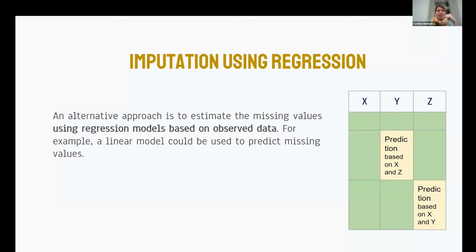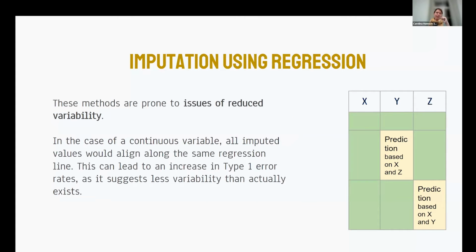So this is still not ideal, and the next step was to think about what we need to add to make the distribution of the imputed values even more similar to the observed values.